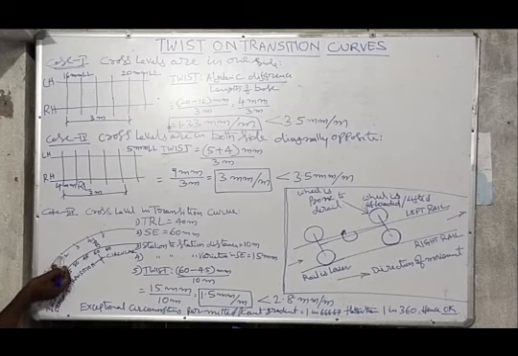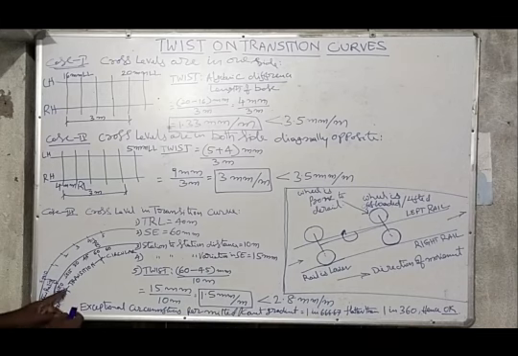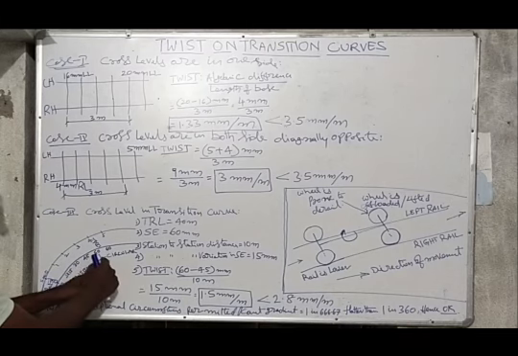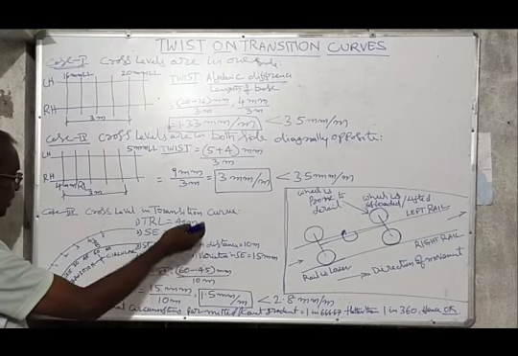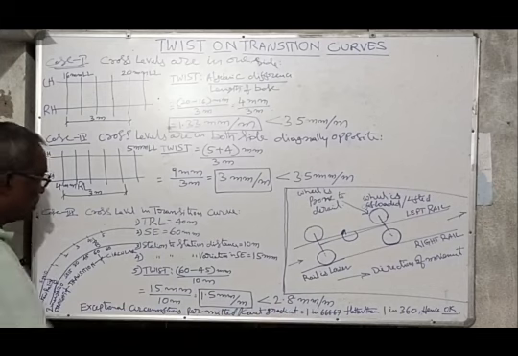Next station number 1, station number 2, station number 3, station number 4, station number 5, and so on. Station number 4, TPCC 1. So this part is a straight portion from 0 to station number 4. This is a transition portion. From station number 4 onwards, it is circular. Again, for TPCC 2, then TPCC 1, then straight portion.